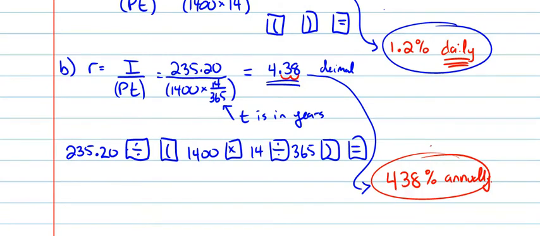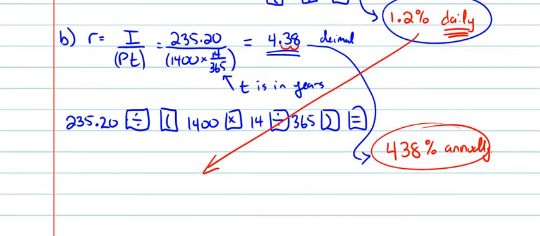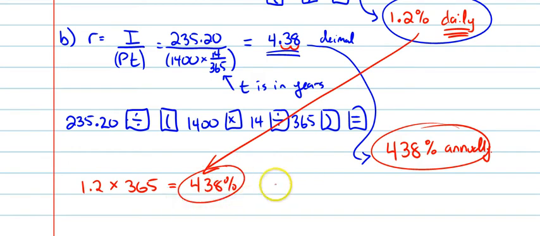So that is one way to do it. Another way is if this is the answer for daily, then 1.2 times 365 will give you your yearly, where if you put it in your calculator, you end up with 438% as well. Now, be aware, in this case these are both exactly the same, and that's because here we didn't have to do any rounding.